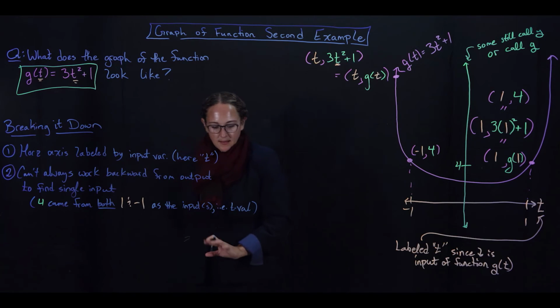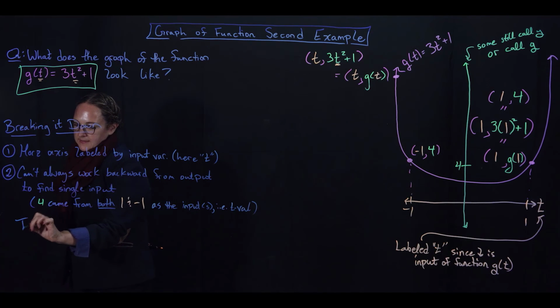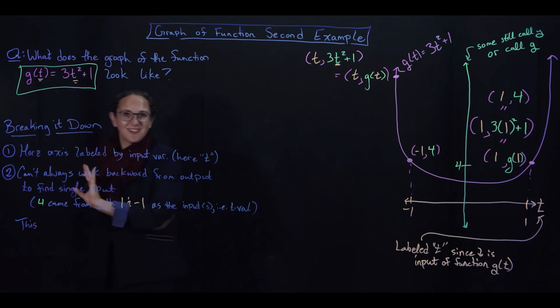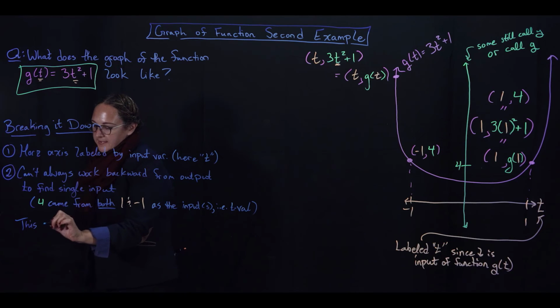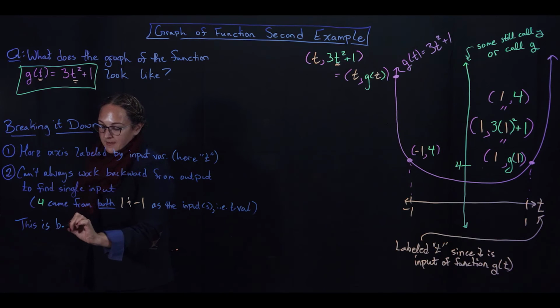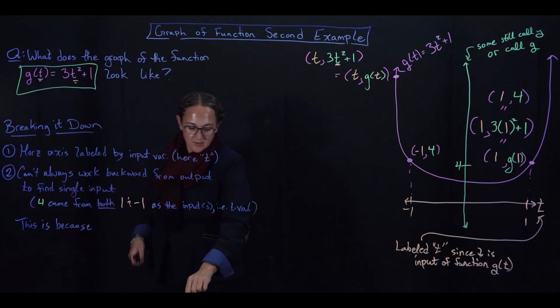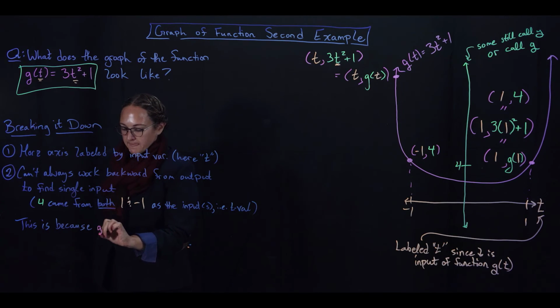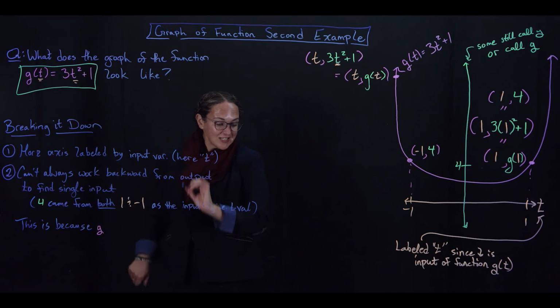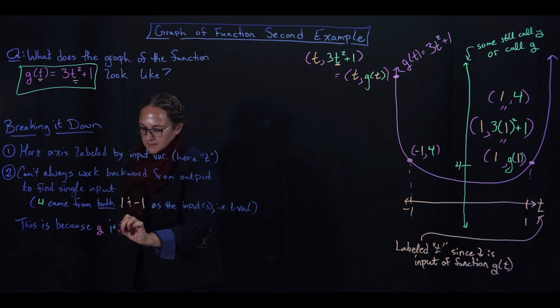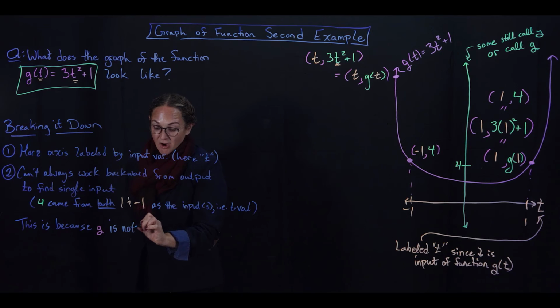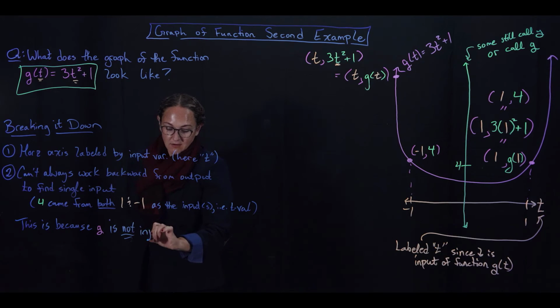Okay, and so why is this? This will be talked about more in other lectures, but this is because this function g that we've been graphing is not injective. Another word for that is one-to-one. So it's not injective, it's not one-to-one.